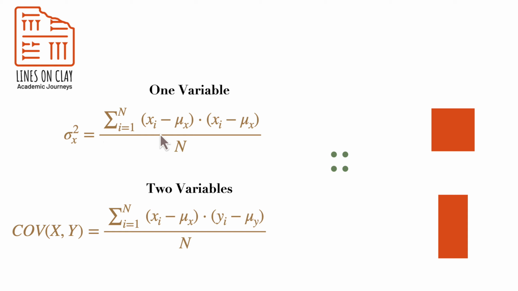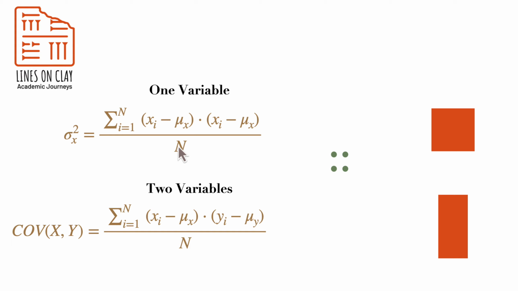We're adding squared deviations that our actual data points live from the mean. So we have one variable, that variable is x. We take the mean of x, and then we look at the deviations. How far away does each data point live from the average? And we square that, right? And then we add them all together and we divide by the number of data points.